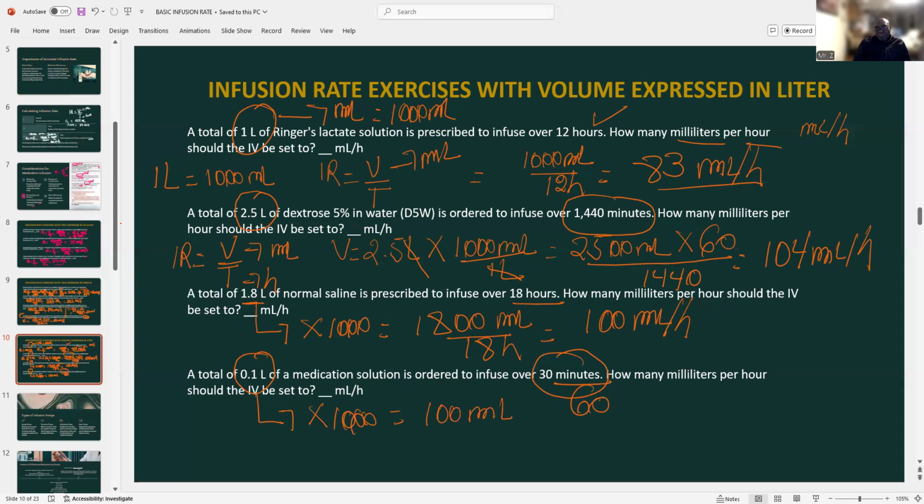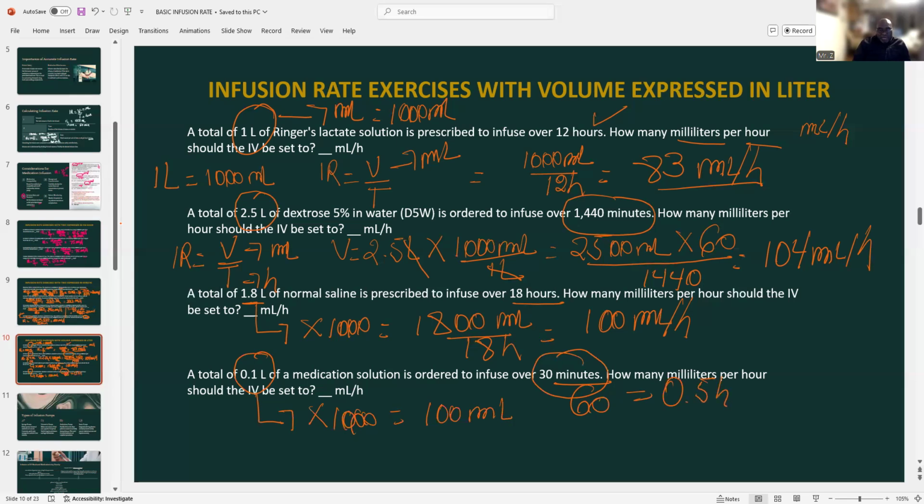This is how you convert minutes to hours, by dividing minutes by 60. But I do not want you to do this unless your minute is a multiple of 60, like 30 is. When I do 30 divided by 60, it gives me 0.5 hours.